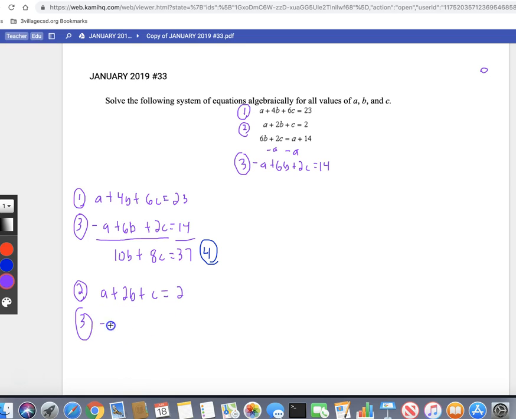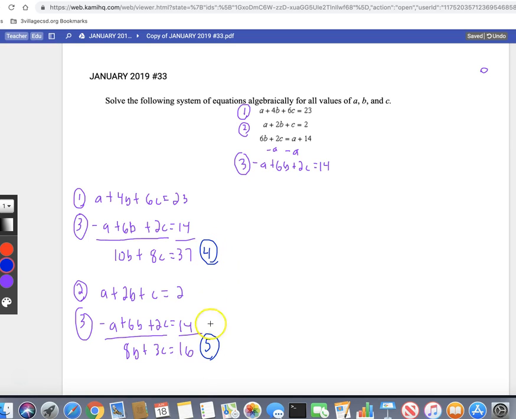And again, our equation 3 is negative a plus 6b plus 2c equals 14. Combine these together. Again, the a's cancel. We get 8b plus 3c is equal to 16. And we'll call this equation 5.